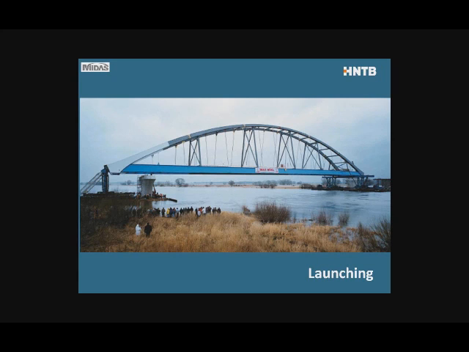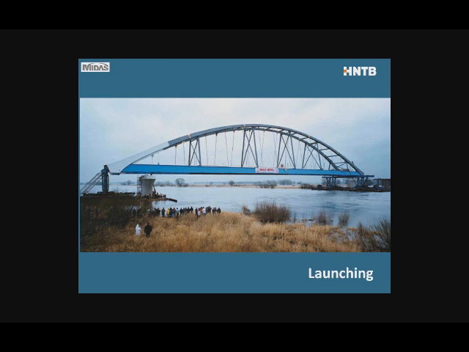Now the last construction method, this is one I don't have a known project. This I borrowed from a brochure from a contractor in Germany, Max Bögl. This is a launching arrangement. They do that a lot in Germany, where the arch is built in line with the bridge, so in the future alignment, but slid over onto land, and then the right side in this picture, this is actually a barge, you can see it very well, and the left side is on land.